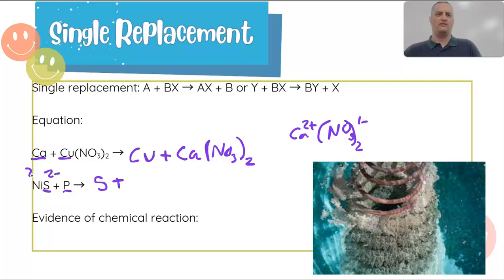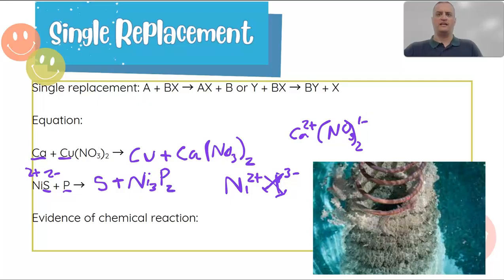That means the nickel has to be 2 plus in order to cancel it out. So now I can do my crisscross over here. So nickel with its 2 plus, phosphorus with its 3 minus, crossing down the charges. And I'd get my Ni with 3 of those, and phosphorus with 2 of those.